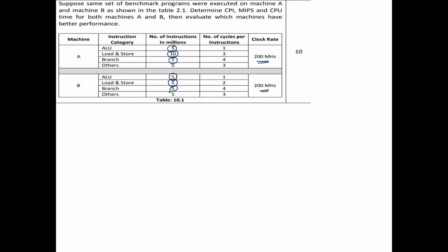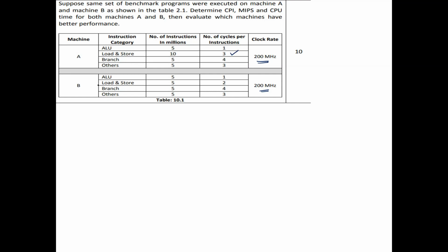So where is the change? The change is in the instruction category, and also in the number of cycles per instruction it is going to execute. See here, for load store, machine A will take 3 cycles to execute each load store instruction.